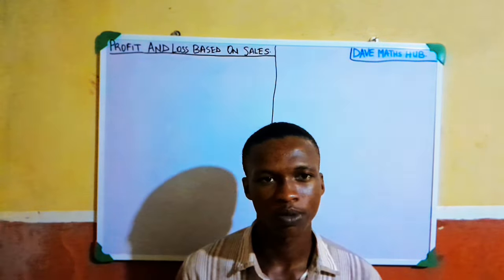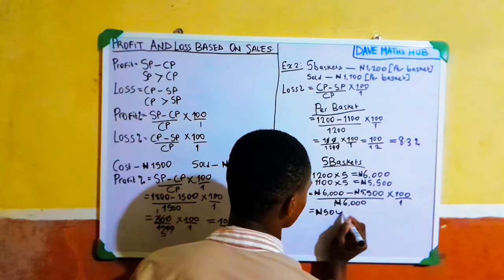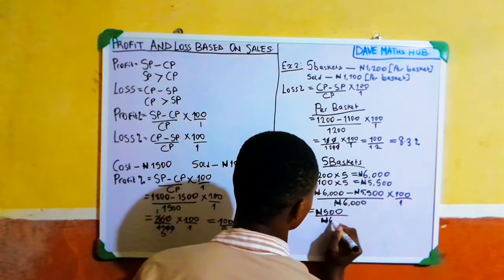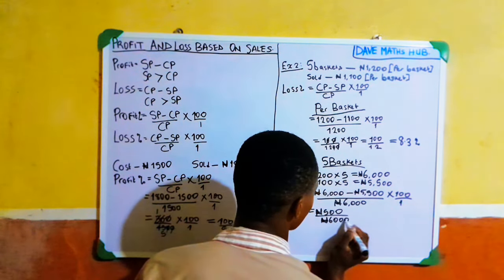Now our loss percentage will be our cost price 6,000 naira minus selling price 5,500 over cost price of 6,000 naira times 100 over 1, giving us 500 over 6,000 times 100 over 1.